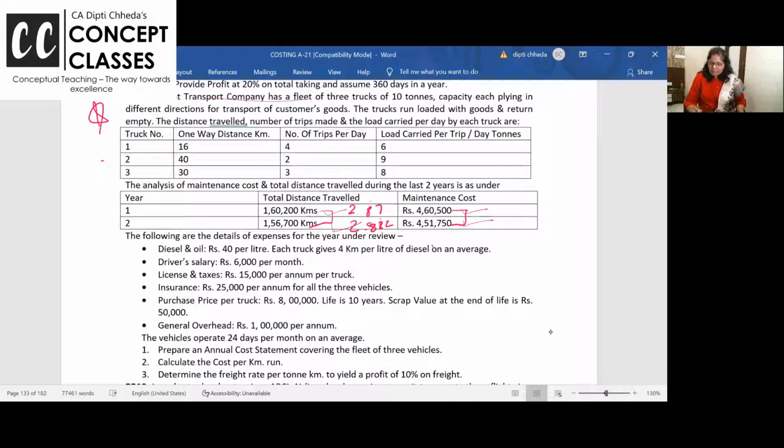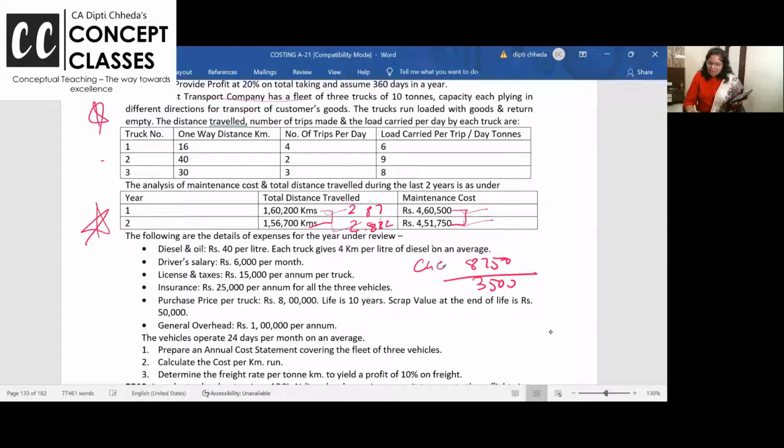Yes, we can. What is the change in cost? 460,500 minus 451,750 is 8,750. When cost increased, kilometers have increased. You can pause the video and take down this data. I'm giving you the concept of fixed overhead constant in total, variable overhead constant per unit, and semi-variable, and this concept is hitting cost sheet, overhead, and so many other chapters.